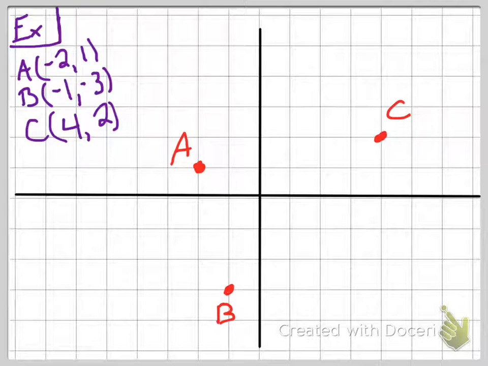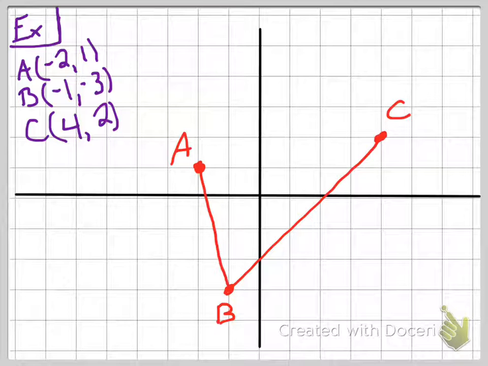Now, what I'm going to try to do here, guys, is not assume that I have anything that's a right angle or whatnot. It kind of looks like angle A would be a right angle, but it's not.